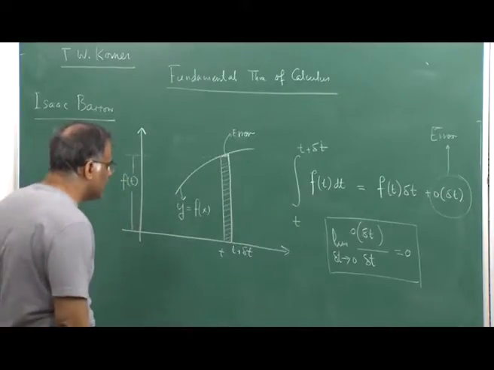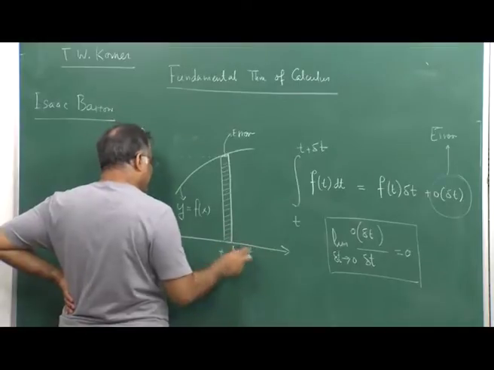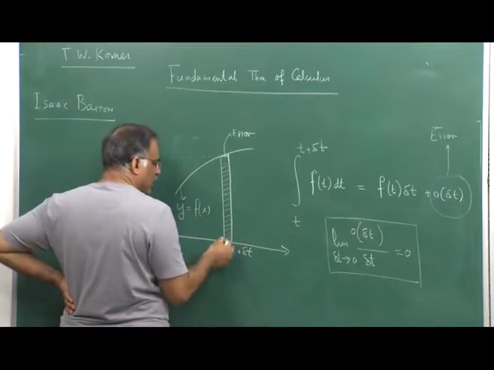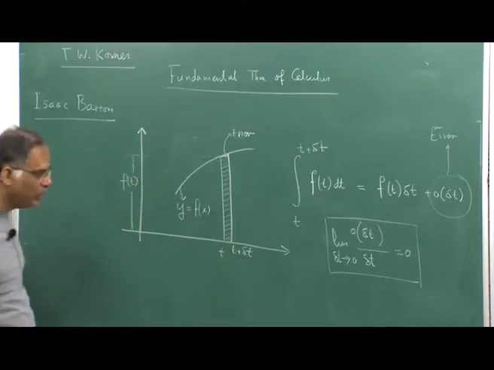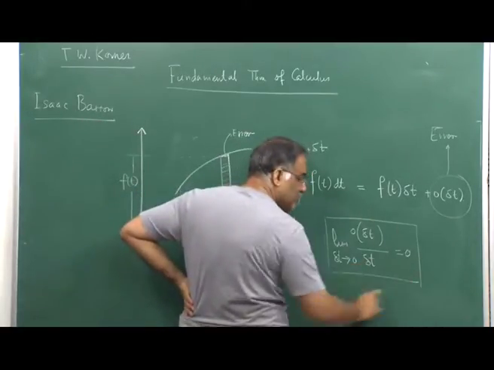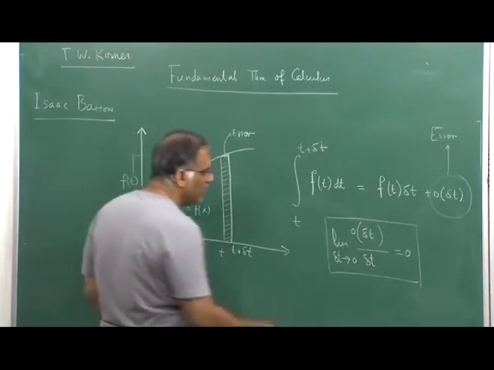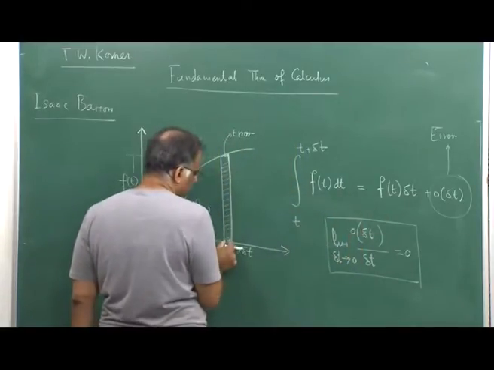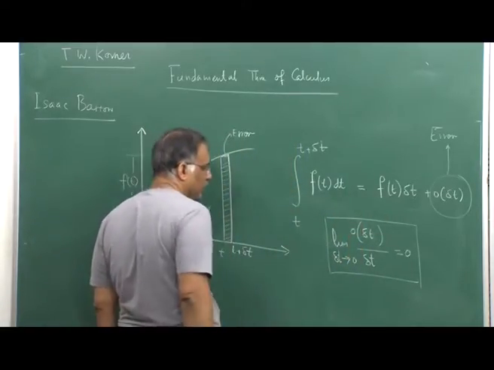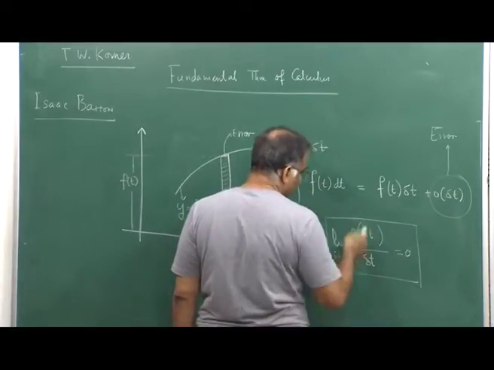Which means somehow that this should move to 0 much faster than delta t, and which can be expressed by the fact that this term, this o of delta t term, which is also a function of delta t, because it depends on how near you are to t, goes to 0 faster than delta t, otherwise this would have gone to infinity.